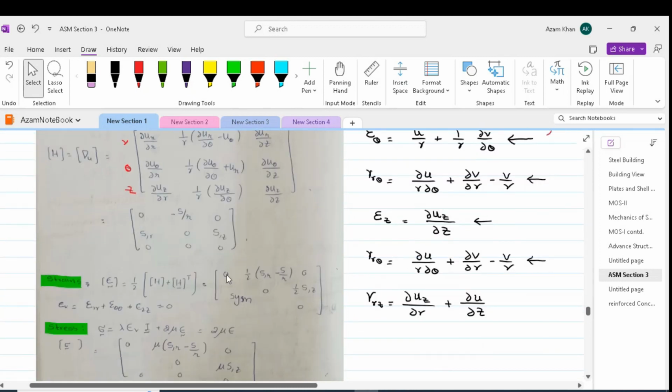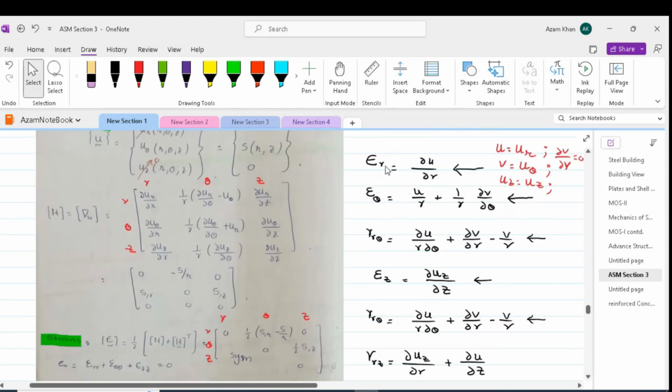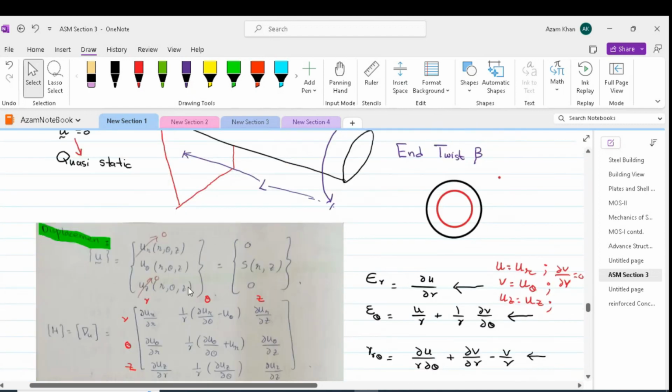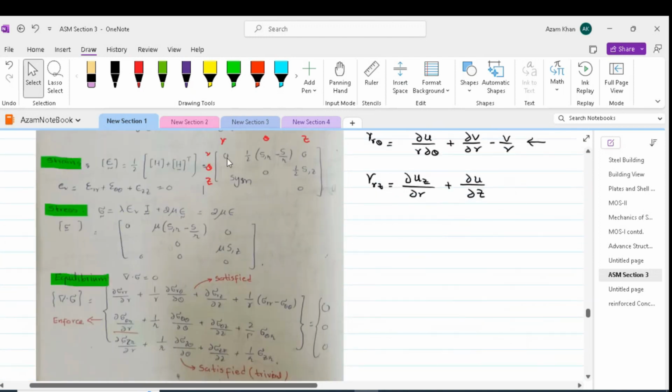Please note, this first component, epsilon r, is equal to partial ur by partial r, and partial ur is 0. Hence, the first component of strain is taken as 0.